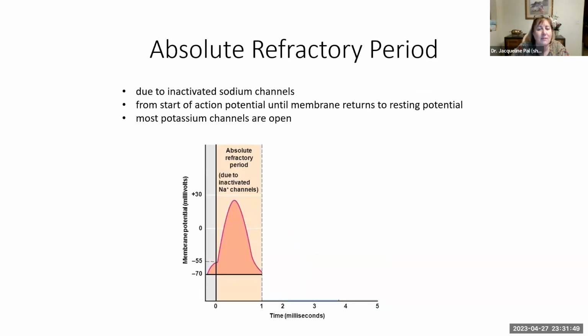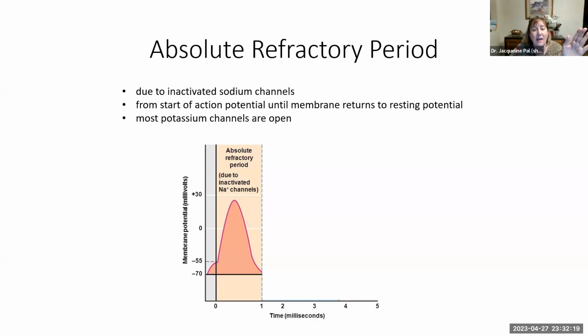So here's the absolute refractory period. And you notice it has to do with the rapid upward and the rapid downward, when we are still above the resting membrane potential. At this time, the sodium channels are not active at all. And remember, as we are going up and coming down, potassium channels are still open.